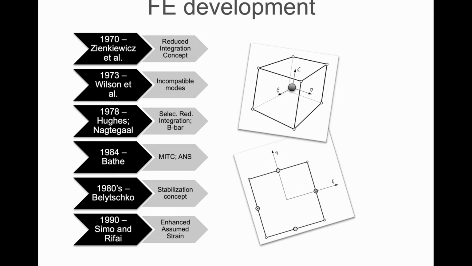Just so you have an idea, one of the concepts we are going to address here, the reduced integration concept that applies to 2D, shell and 3D elements, was first applied in 1970, so a long time ago. Another one that we are also going to see today in Abaqus is the incompatible modes method, the C3D8I element.